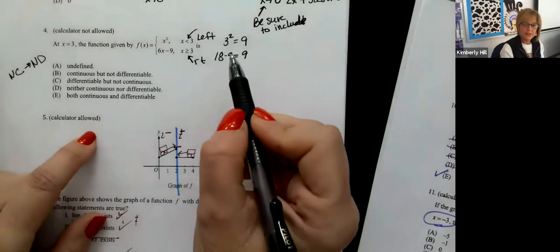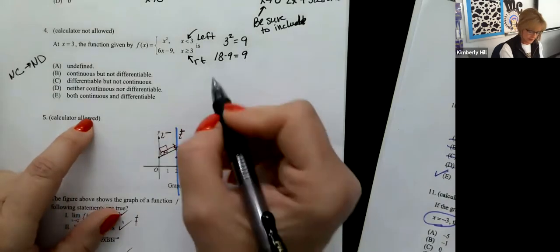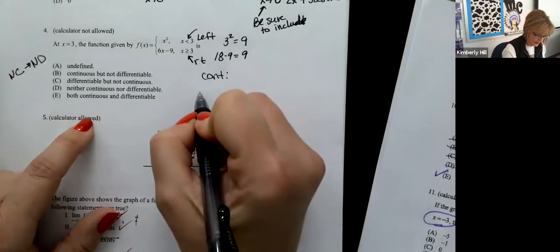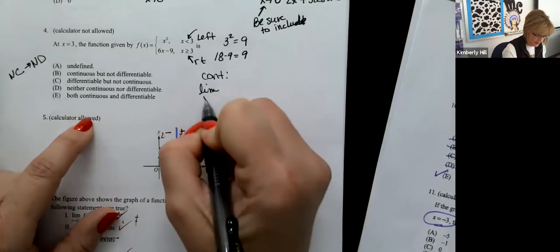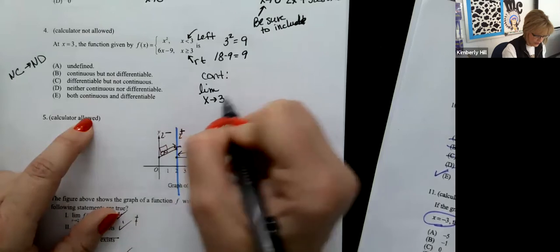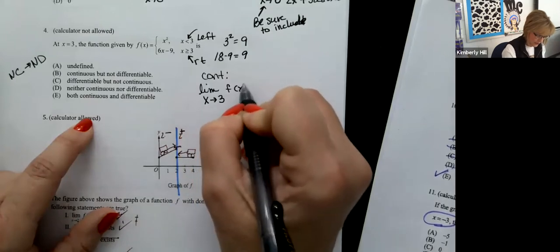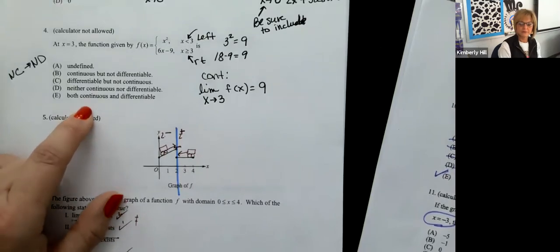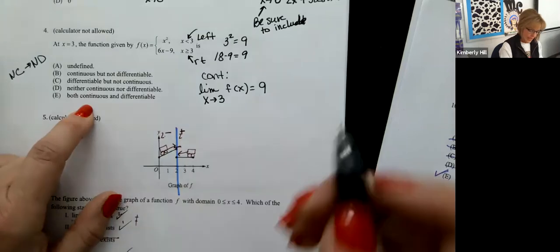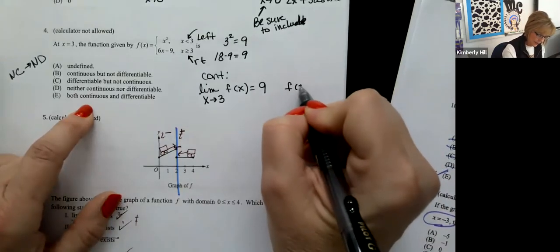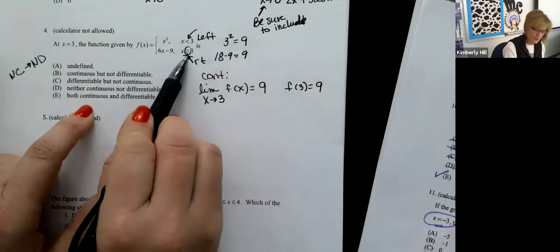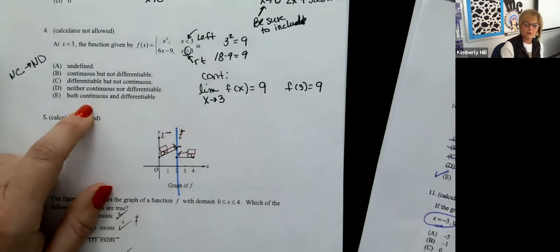So I know it's continuous. If I were on a free response to show continuous, I would say that the limit as x approaches 3 of my function is equal to 9. And then I would say that f of 3 is equal to 9, because look at this, that says it's also equal to that value.